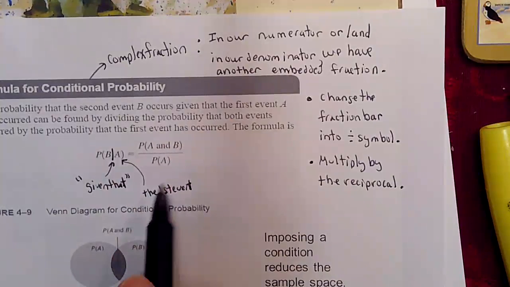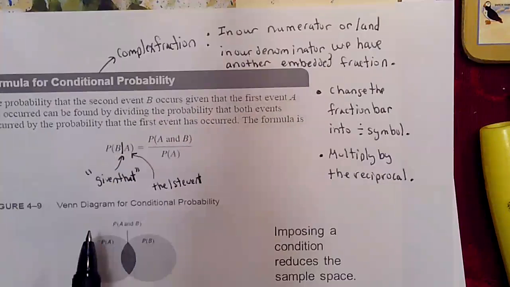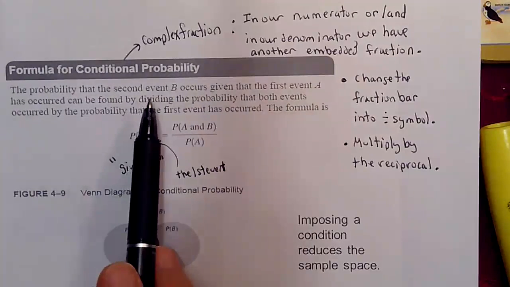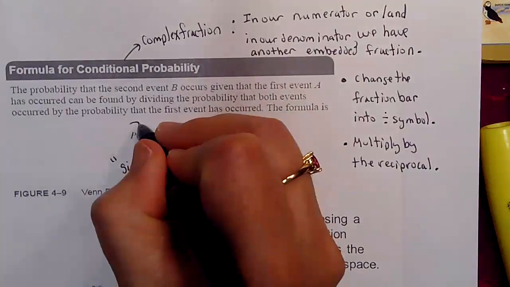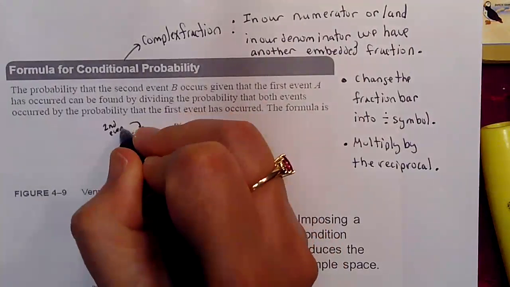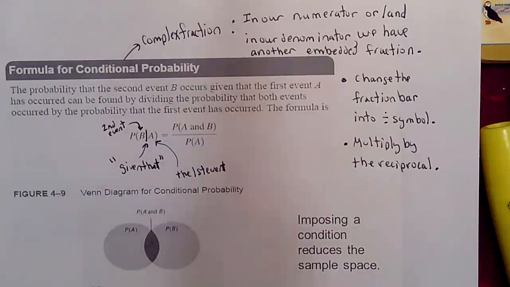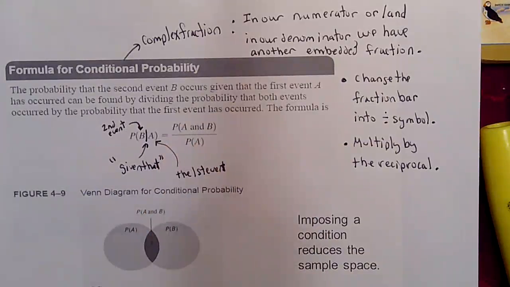So we have probability of A and B divided by probability of A. So it says the probability that the second event B occurs given that the first event A has already occurred can be found by dividing the probability that both events occurred by the probability that the first event has occurred. Okay, so they have a Venn diagram for that.